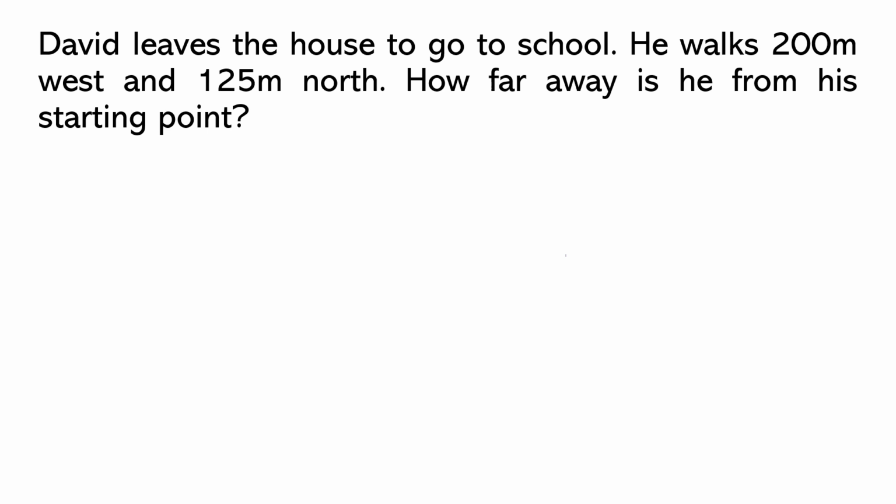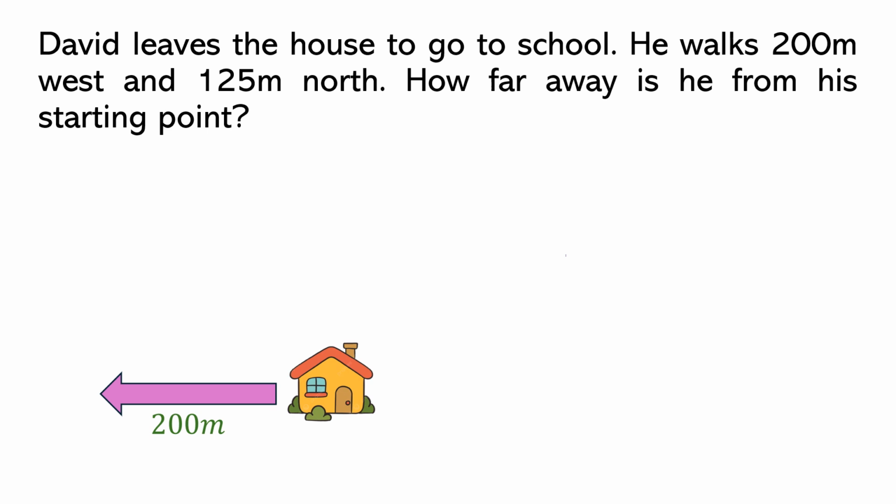So David leaves the house to go to school. So we have a house, and then he walks 200 meters west. So it's here, going to the left, and 125 meters north. So going up 125 meters. How far away is he from his starting point?